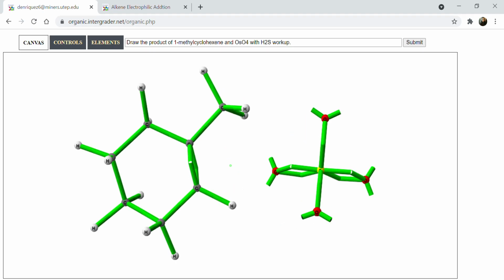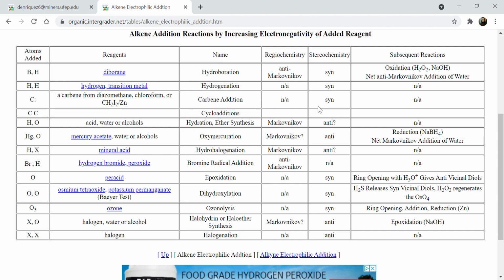Okay, so for this one, basically what we're going to be doing is just, this one's going to be donating basically 2 oxygens. And let's see, I want to make sure I have it. Okay. So what we're going to do here is this one down here. So we're going to do dihydroxylation, which we're adding the two OH groups onto it, and they're going to be syn.